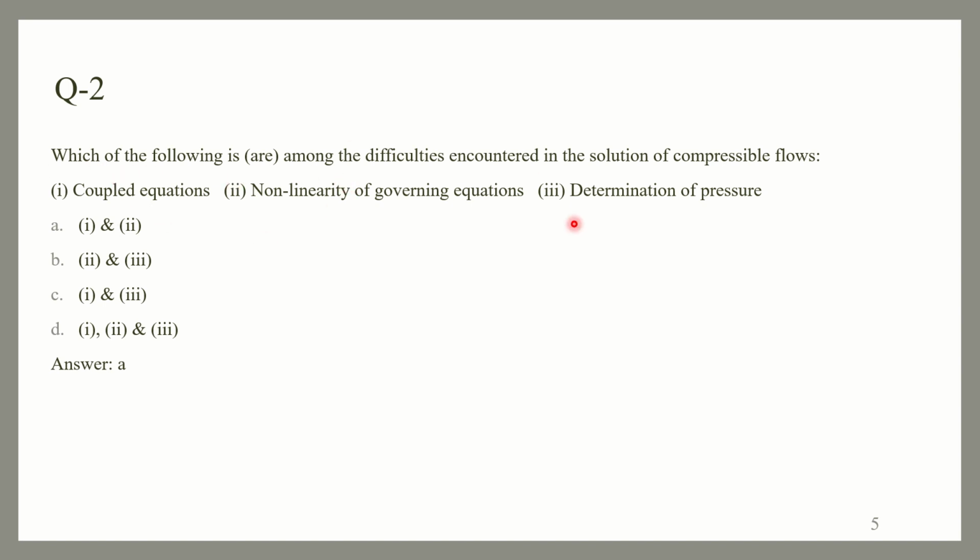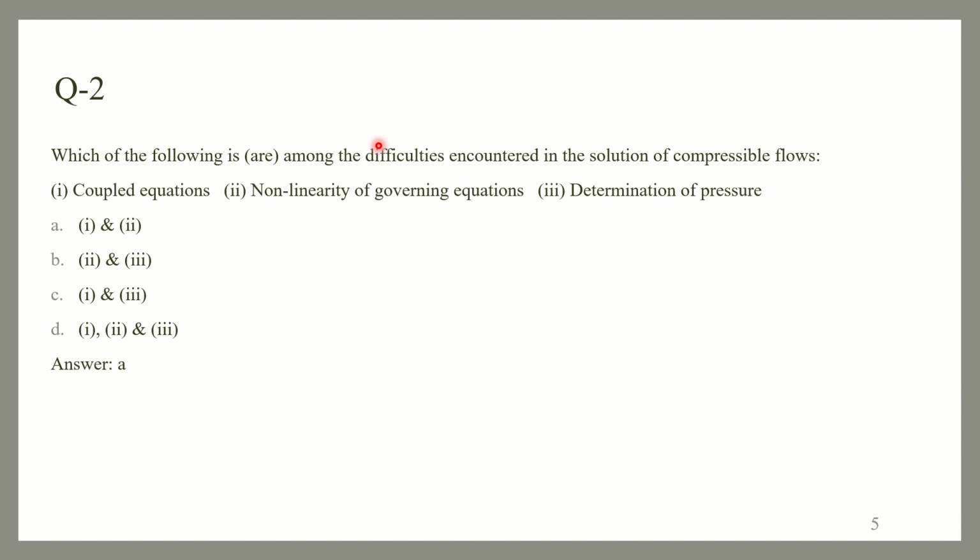And the second is non-linearity of governing equations. If you remember the momentum conservation equations, you would know that we would have terms like u ∂u/∂x and so on in the momentum conservation equations.